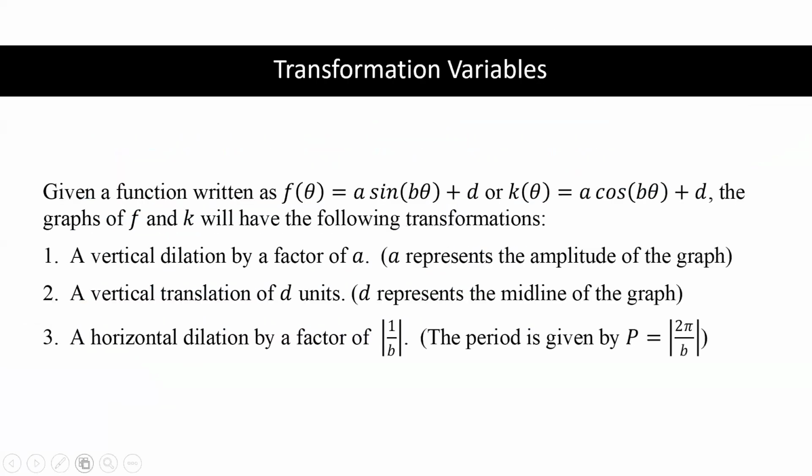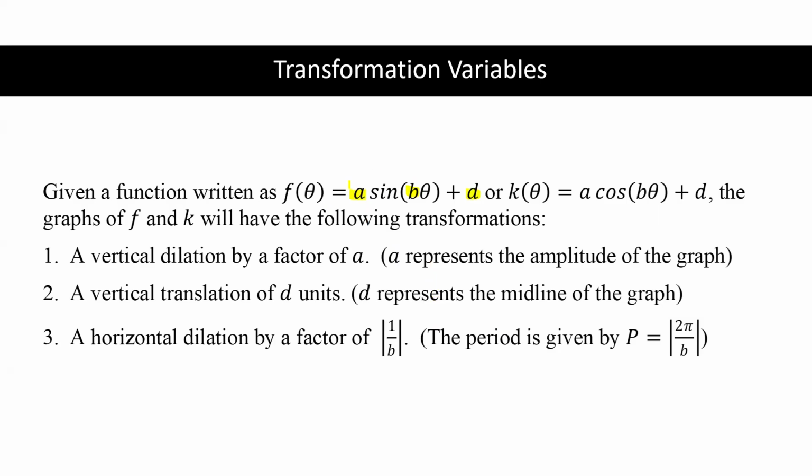Your transformation variables are set up very similar to all transformation variables that we've learned thus far. If I'm looking at f of theta, which we're going to call sine, f of theta is a sine transformation with your A, your B, and your D right now. There is a C, but C is in part 2 of our notes.